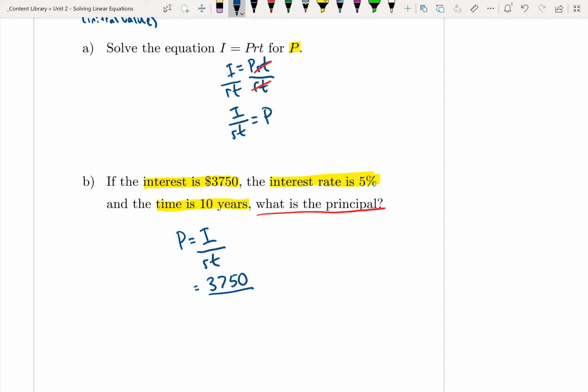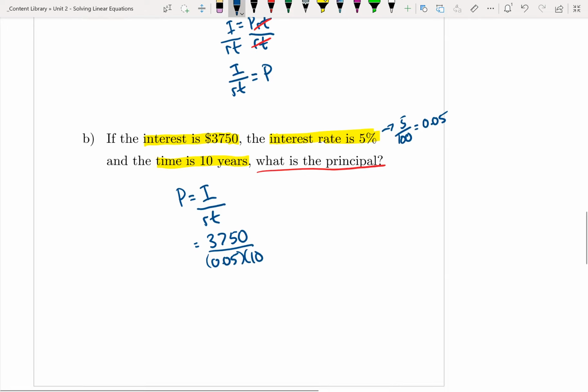Now the key thing we want to know about this, because we're dealing with percents, we want to turn that into a decimal. So we have 5% divided by 100 equals 0.05. So that is actually what our rate is. So R 0.05 times 10, we get 3,750 divided by 0.5.